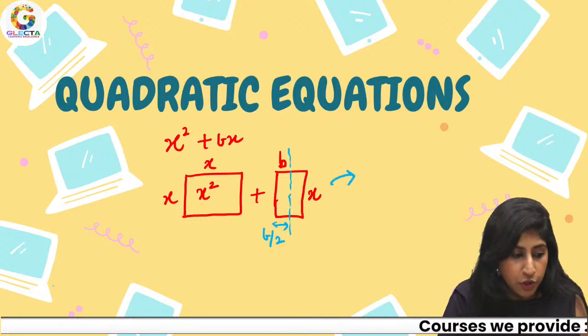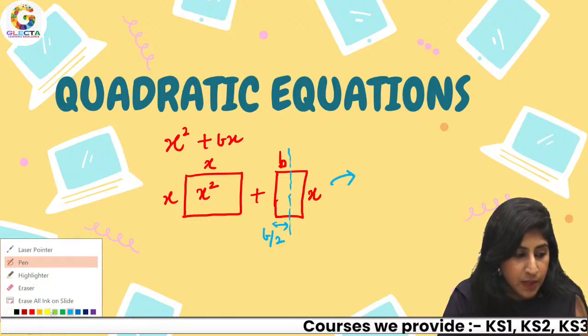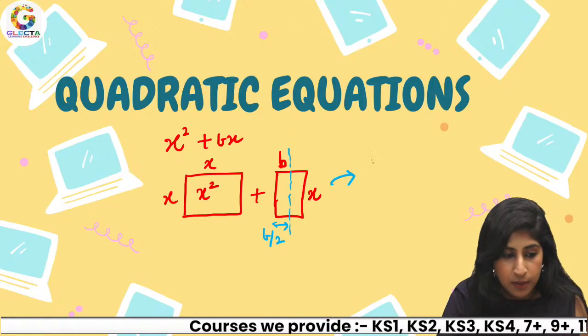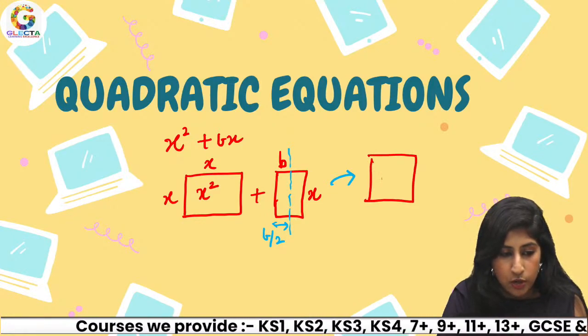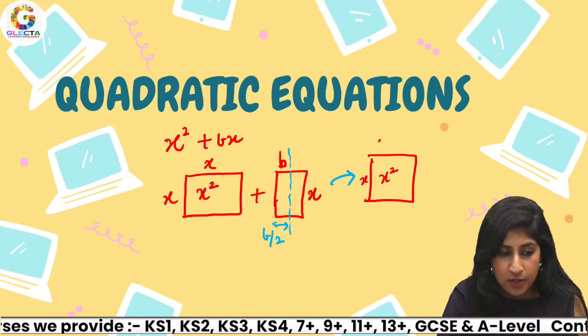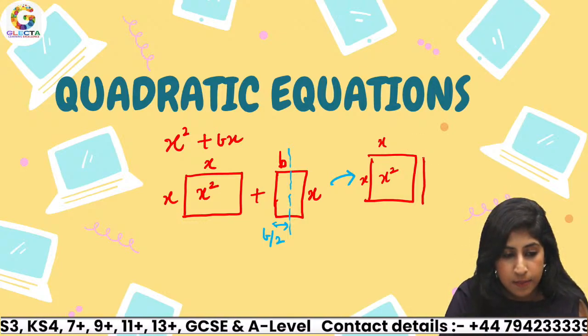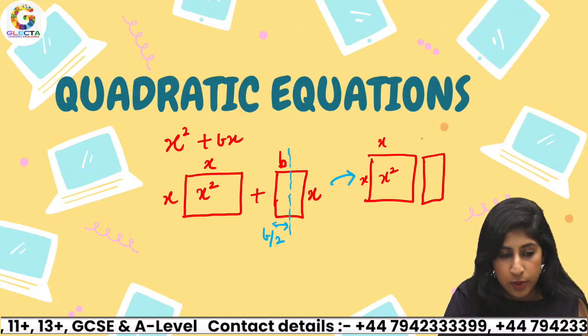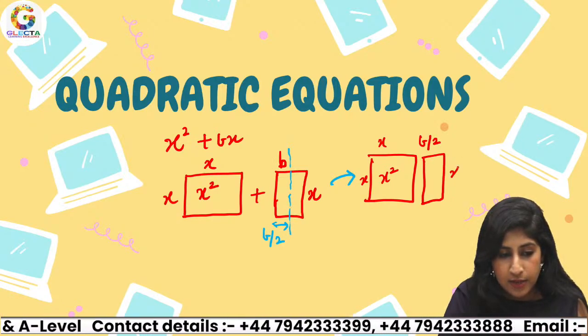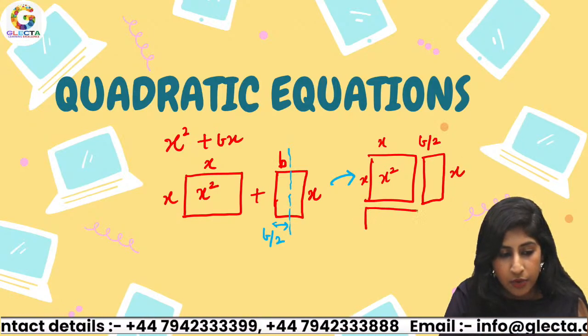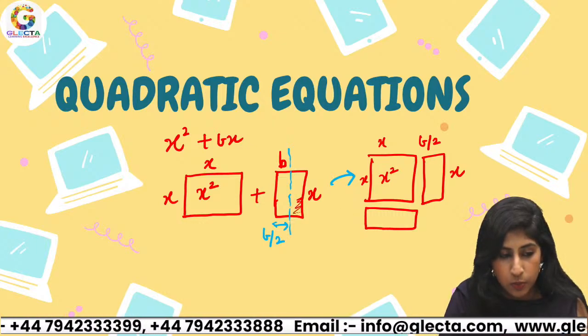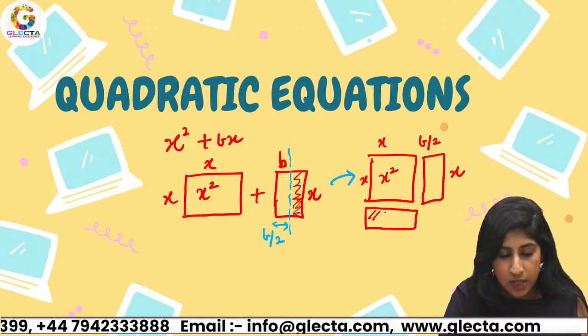So I can further write it as, let me just redraw it. I'm taking this x squared as it is, x and x, and I've taken the half rectangle as it is. So over here the width becomes b/2 and x, and the second rectangle, this one, I'm taking over here.